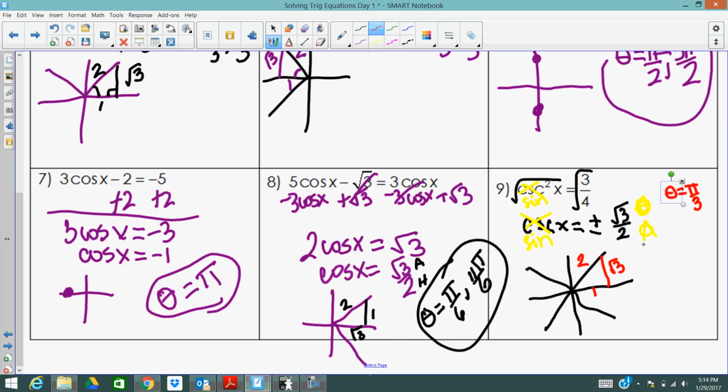So in quadrant 1, that's pi over 3. In quadrant 2, that's 2 pi over 3. In quadrant 3, that's, let's see, 1 pi plus pi over 3 is 4 pi over 3. And then in quadrant 4, we have 2 pi minus pi over 3, so that's 5 pi over 3.